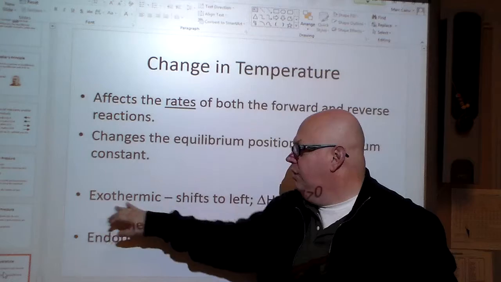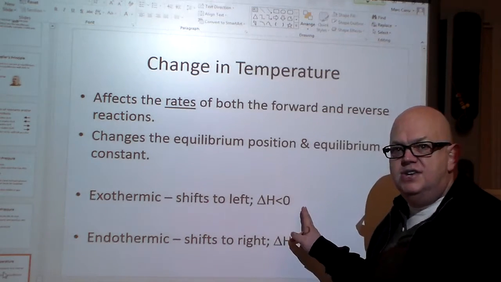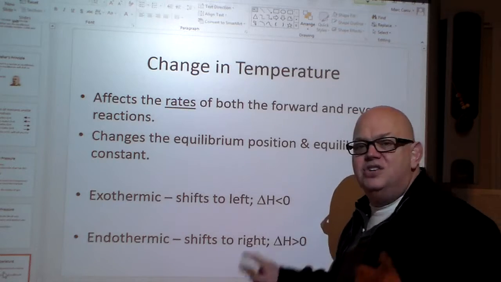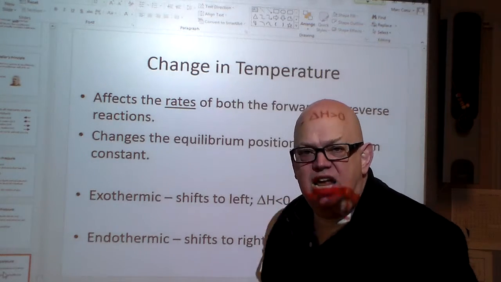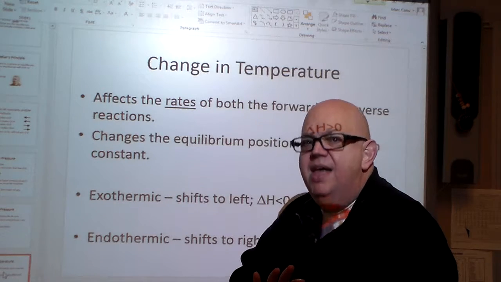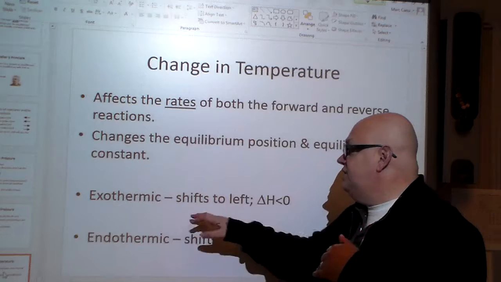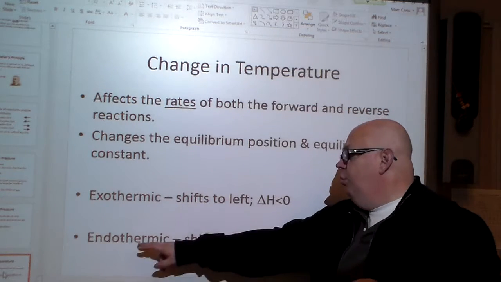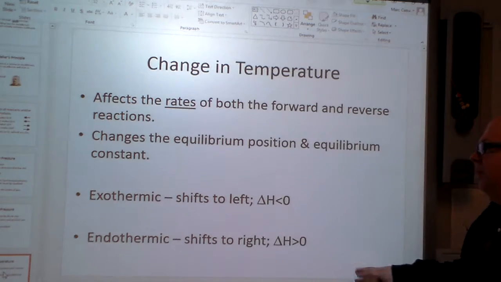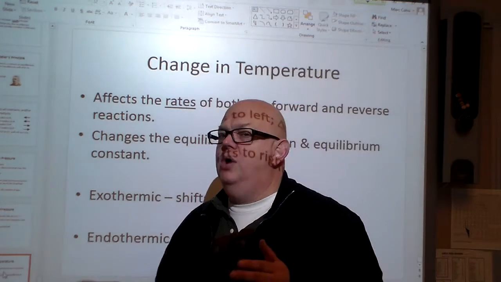So, if it's an exothermic reaction, it's going to shift to the left, where delta H is less than 0. Remember, delta H is our enthalpy, total energy content in the system. It's negative. We would expect it to shift to the left. When it's endothermic, it's going to shift to the right, where our delta H is greater than 0.